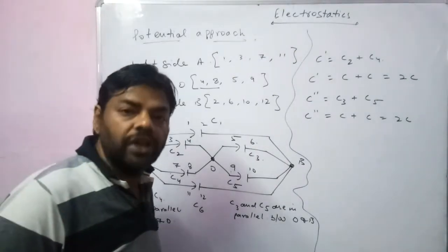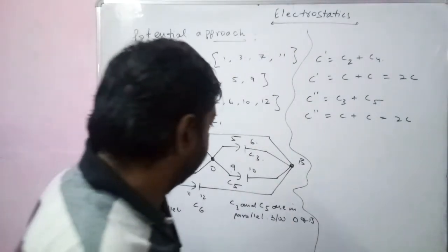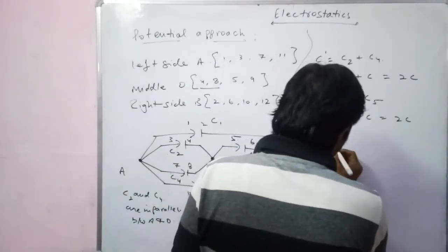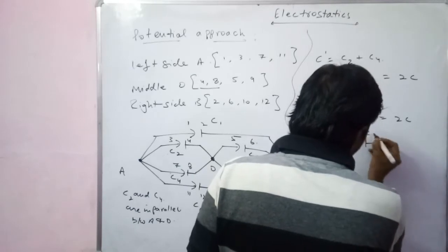Now what we are going to do? We are going to reduce the circuit. Let's see how. Say this was the point A. This was the capacitor C1.